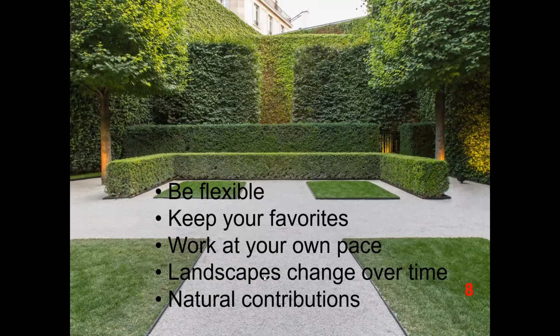And also keep an eye out for natural contributions. So as you reduce your turf grass, for example, and allow some rewilding to go on, perhaps nature is going to give you lots of suggestions for things that will work well in various areas. For example, in my own landscape behind my garage last year, I had a sumac that started to grow, and it is just an ideal location for that plant.